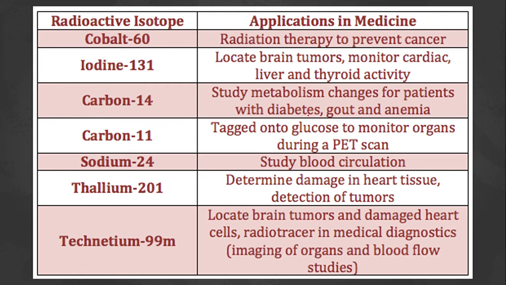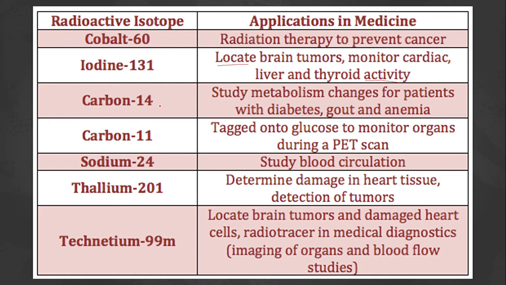Okay? So, ganito yan. Locate thyroid activity or brain tumors, monitor cardiac, liver, and thyroid activity. Tapos, eto, metabolism changes for patients with these diseases. Paano nangyayari yun? So, it's either the patients are injected or pinapakain sila ng mga safe naman na substances na radioactive.